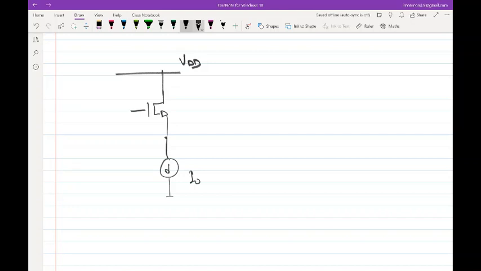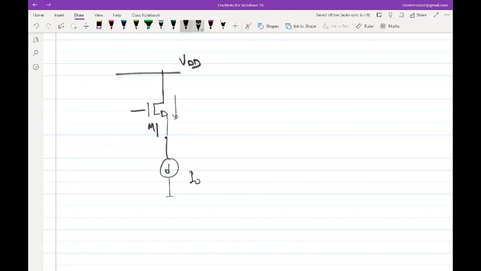So now, what is the argument? Let's say this is M1, and I have to do something to the gate of M1 in order to ensure that M1 is biased properly, right? So what will the argument be? Walk me through the argument.